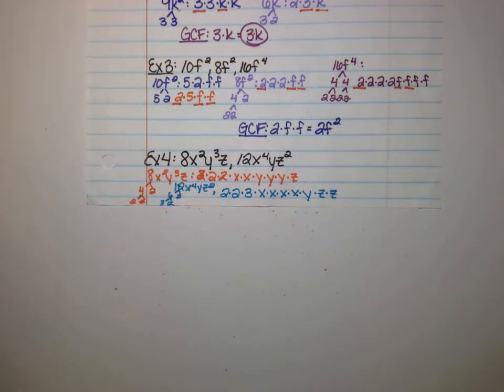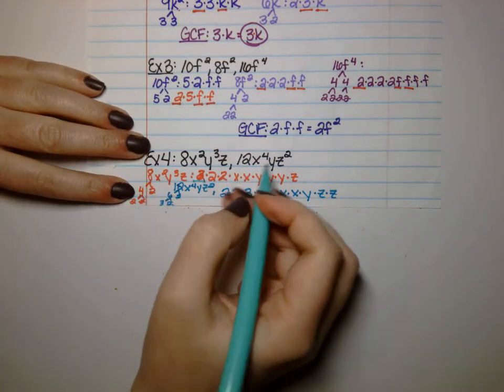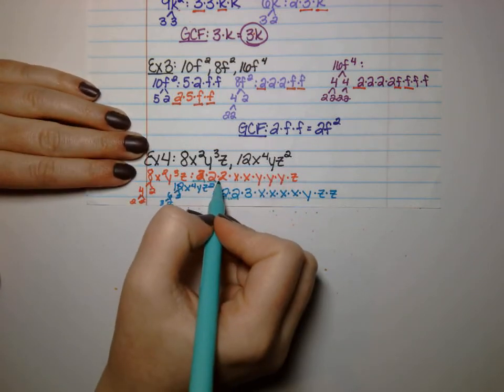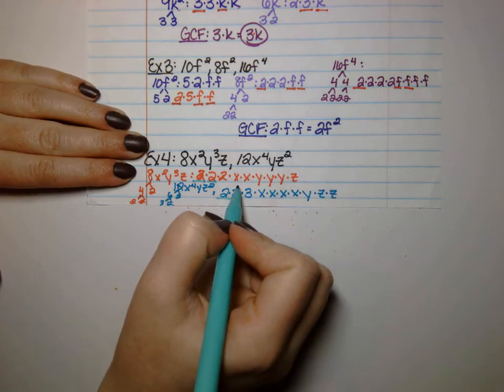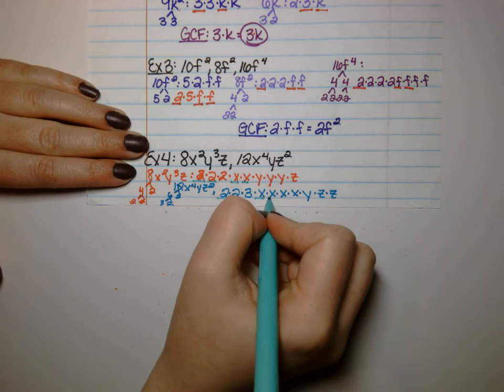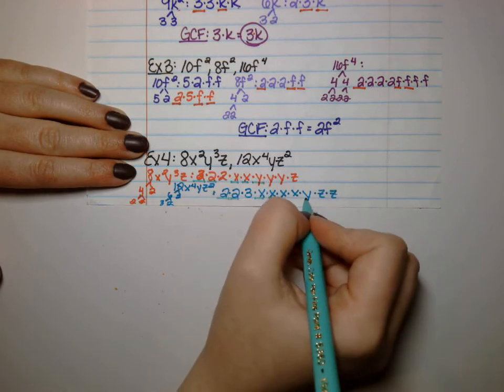And now when I'm comparing what they have in common, I have 1 2 here, 1 2 there, a second 2, a second 2. I don't have a third 2. I don't have a 3. I have 1 x here, 1 x, a second x, 1 y, 1 y.